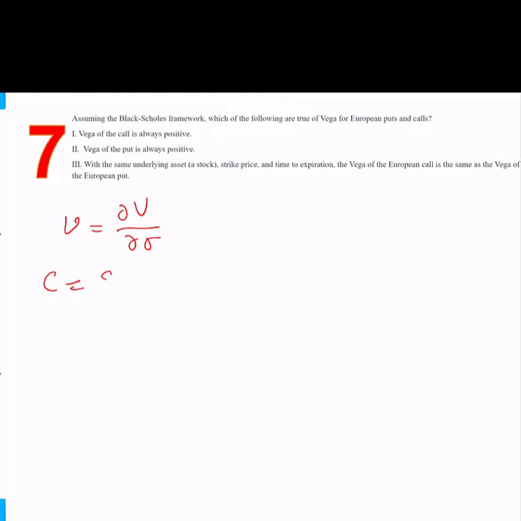Remember, the call option C is S0 e to the minus delta t phi of d1 minus K e to the minus rt phi of d2.